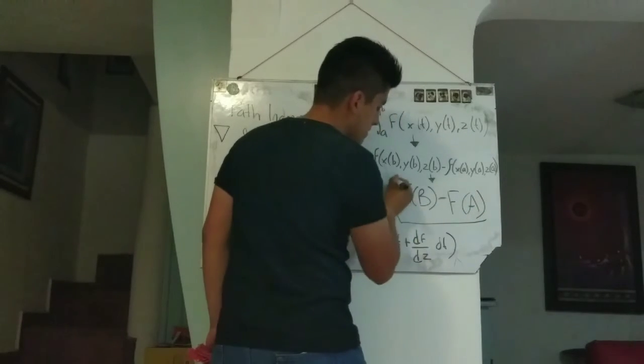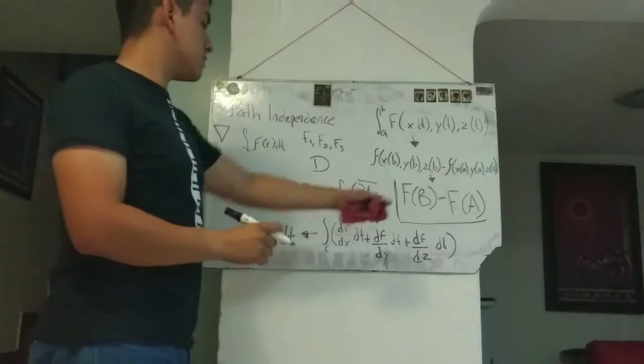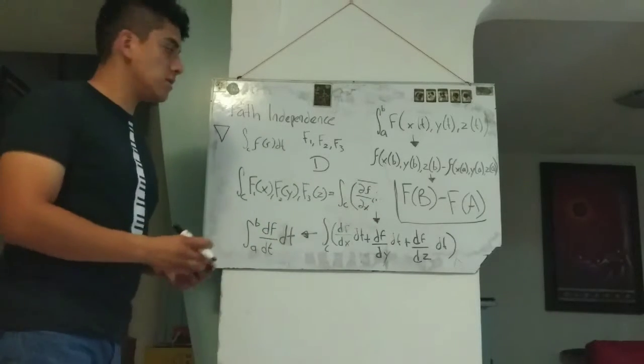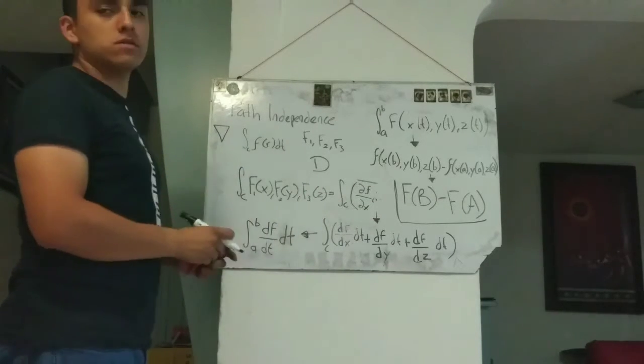When we get this, it's going to represent our path independence in the domain D with continuous functions.